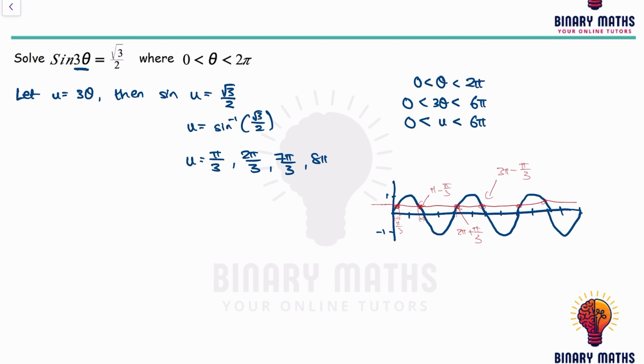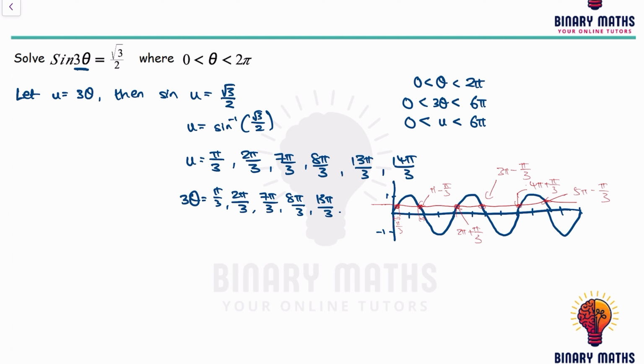So we know that 3 theta is equal to pi over 3, 2 pi over 3, 7 pi over 3, 8 pi over 3, 13 pi over 3, and 14 pi over 3. So all I need to do is divide by 3 to get my final answer.